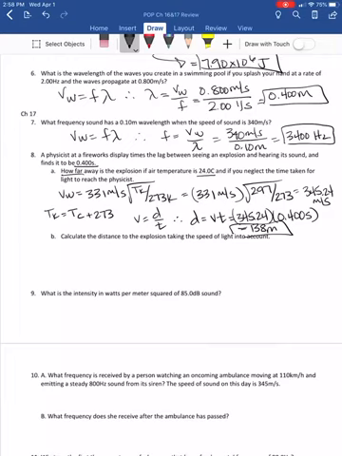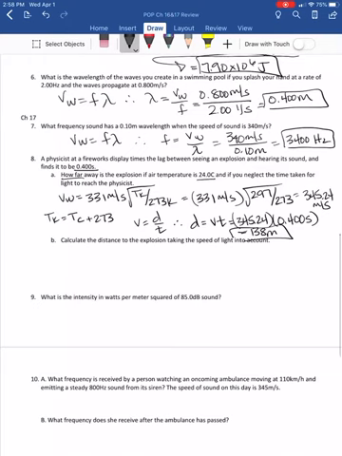Part B says to calculate the distance to the explosion, taking the speed of light into account. So does anyone know the speed of light just off the top of their head? Well, so I just want to write this equation again. Velocity is distance divided by time. This is wanting us to, again, calculate the distance to the explosion, taking the speed of light into consideration.